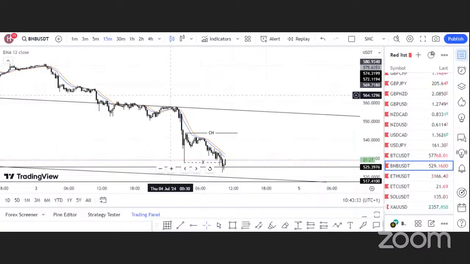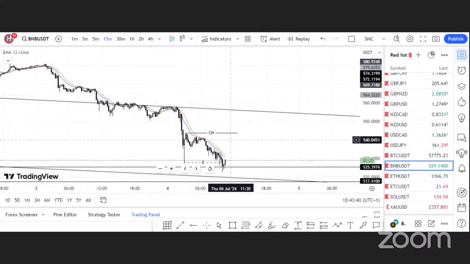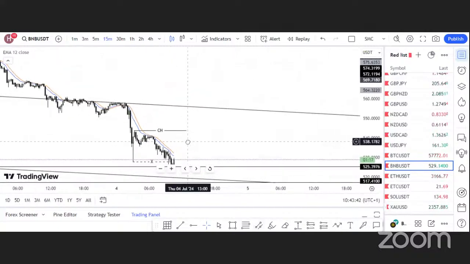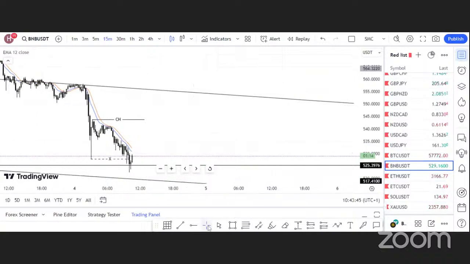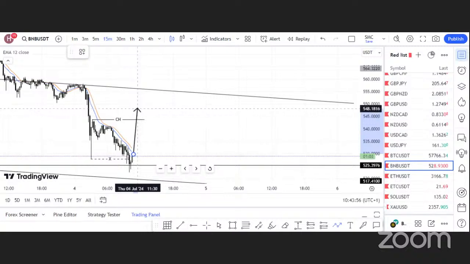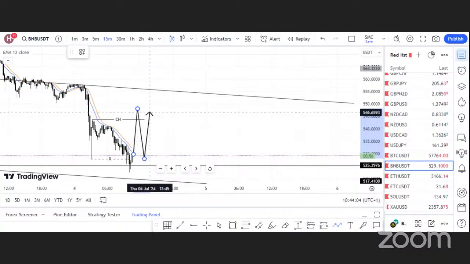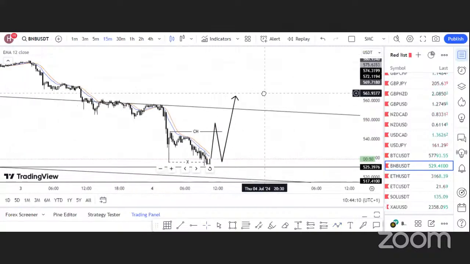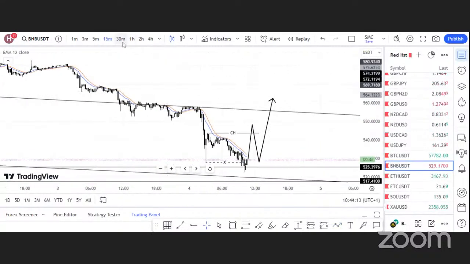So once I get a confirmation, before we actually get the confirmation, the market needs to do this. So the market needs to take out this level, test, and then move up. All right, this is what I expect the market to do.